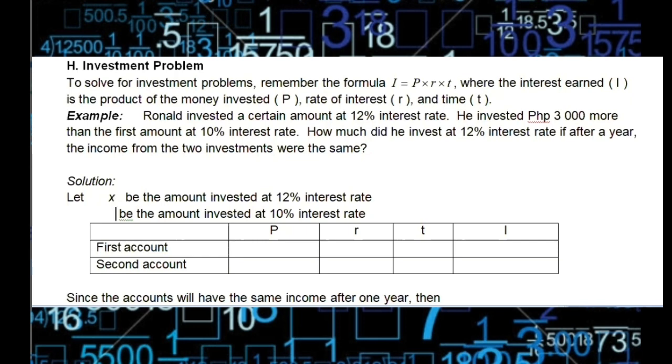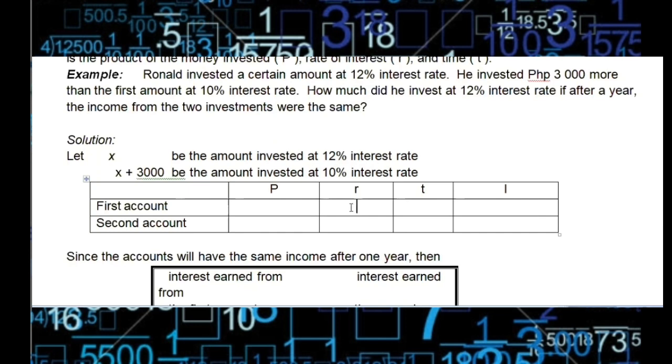So, if he invested x at 12%, to show that it is higher by 3,000, just add 3,000. That's it. That's our representation of our principal amount. Okay? So, the rate, let's put it here.